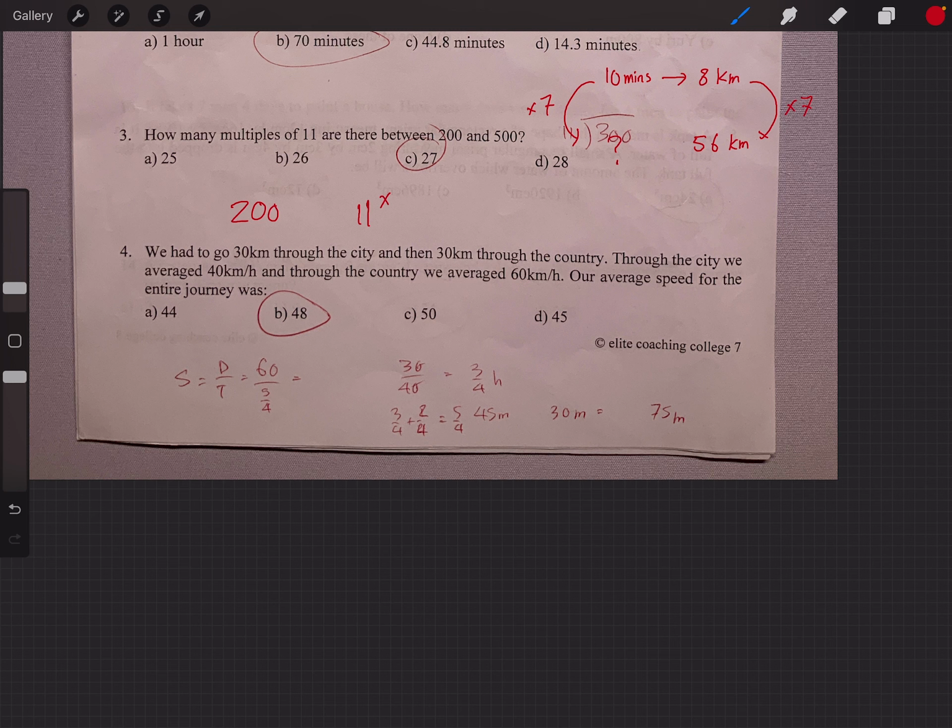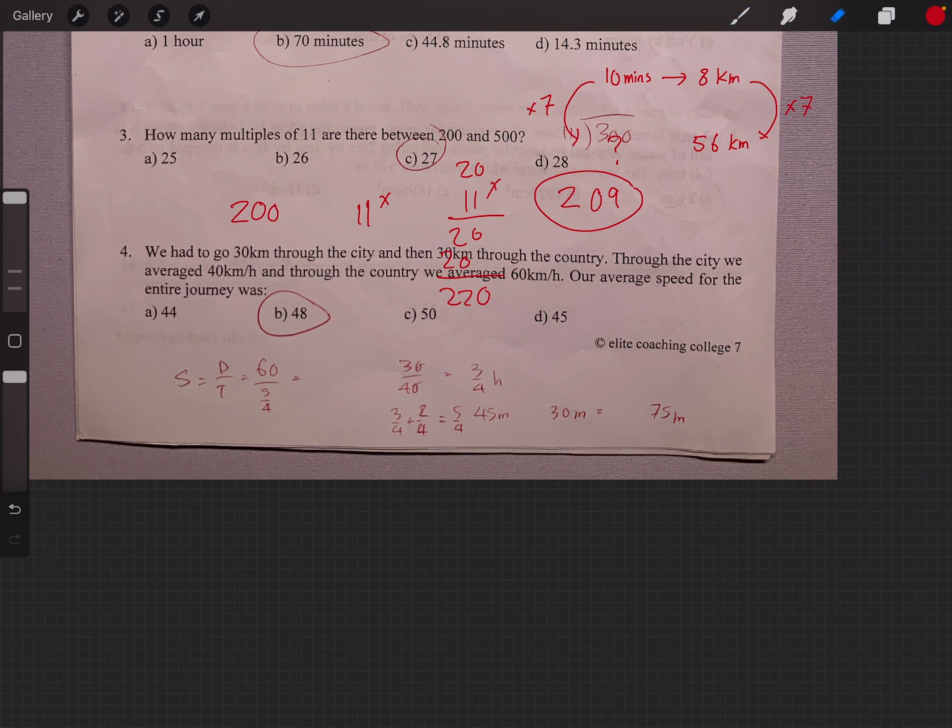It can't be 10. How about 20? 11 times 20, that's 220. So it can't be that. So take away 11. You get 209. Okay, so it starts on 209 and it goes all the way up.